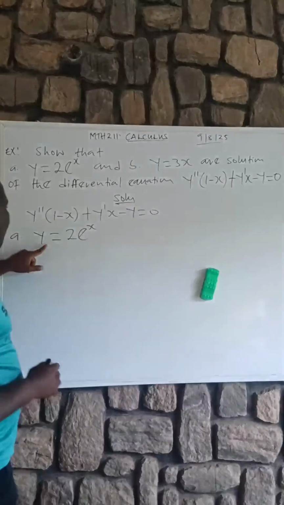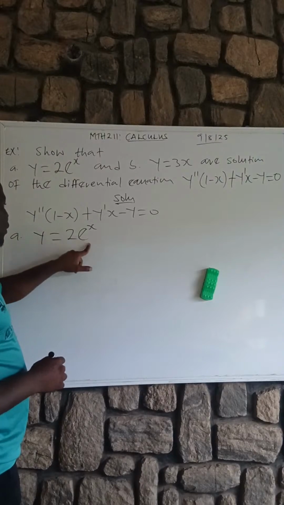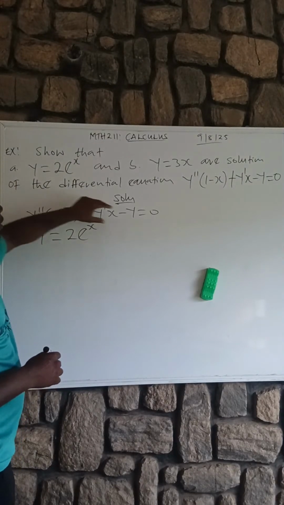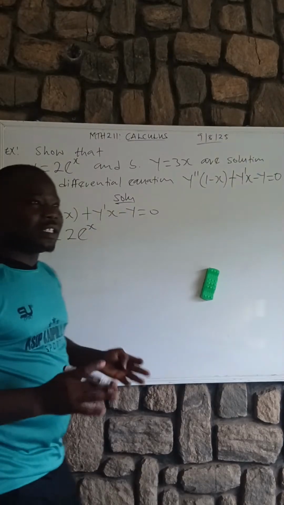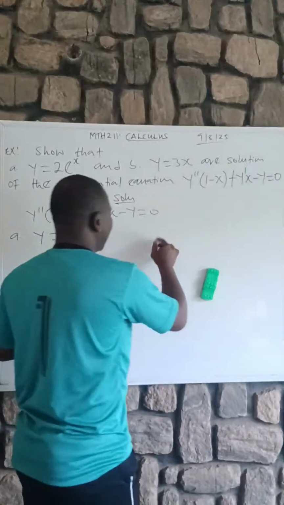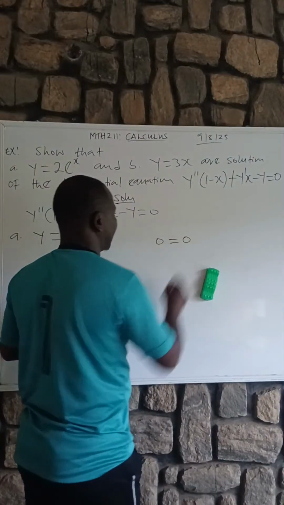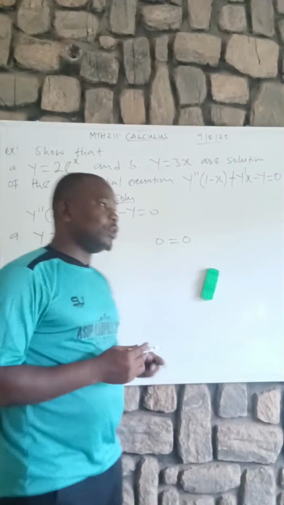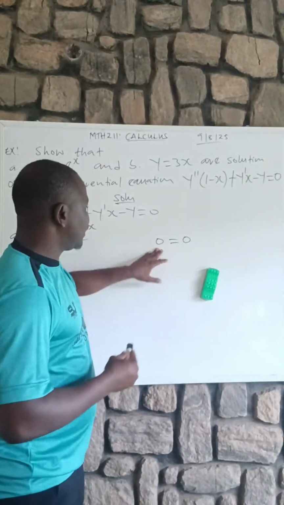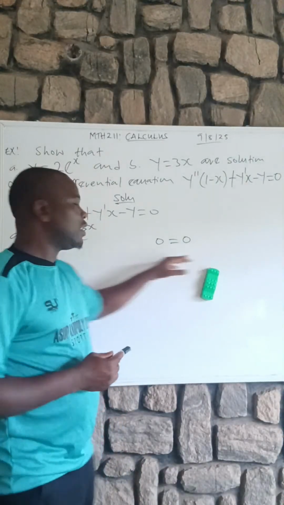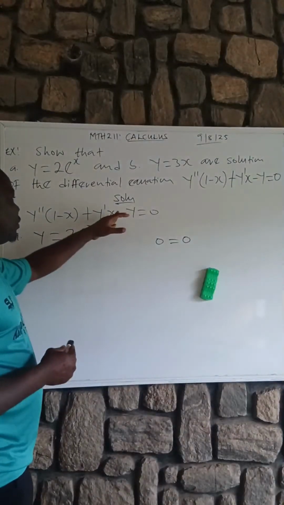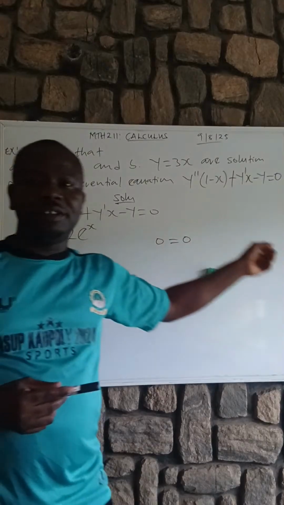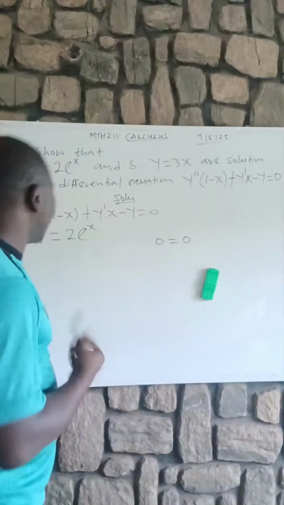We are going to differentiate this function twice and substitute into this second order differential equation, so that both the left hand side and the right hand side must be 0. Is that clear? If this is 0, it means this is a solution to this differential equation. Are you following?